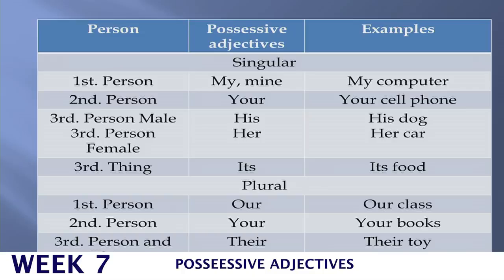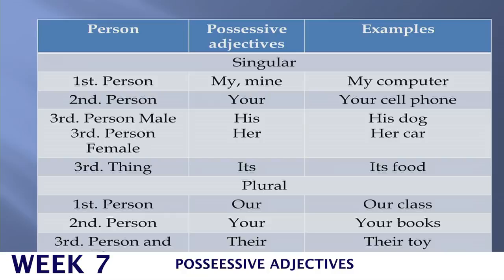In the third thing, I can say its food. In the plural possessive adjectives, I would use, for the first person, our class; for the second person, your books; and for the third person and thing, their toy.